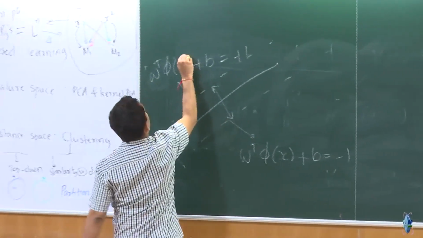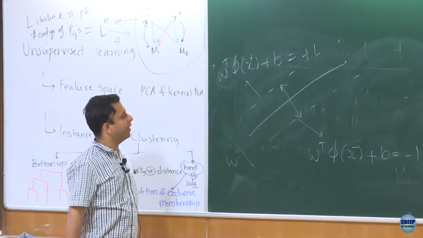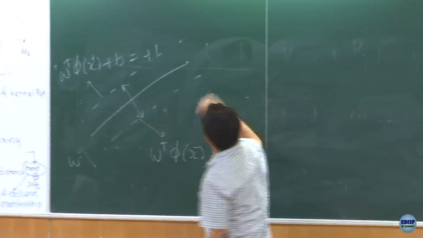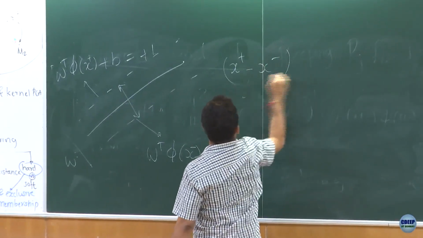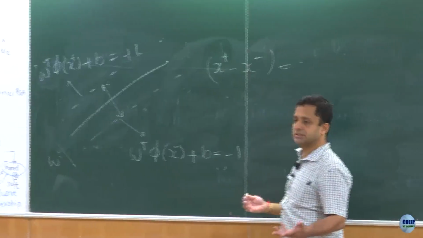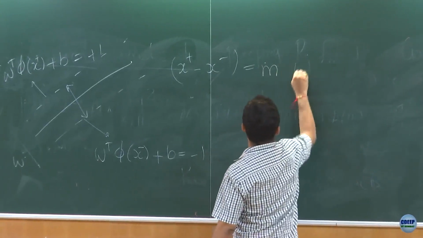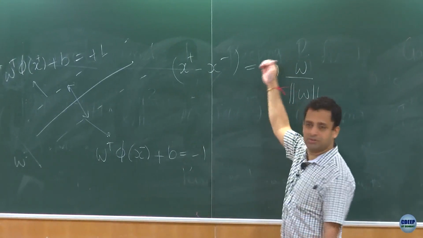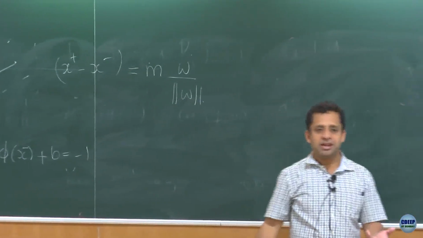If you want, just name these two points x plus and x minus. Let's say I tell you that x plus minus x minus is m times w divided by norm w. Let this be the expression for the length, where m is the margin.